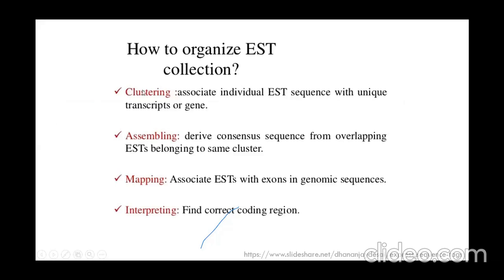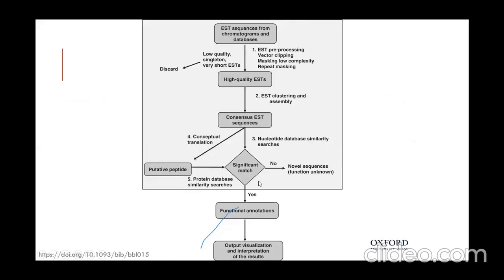Coming to genomics, how do you collect and organize ESTs using the genomic databases? You go with specific techniques called clustering of the ESTs, assembly of the ESTs, and mapping them, similar to the assembly, double checking the sequencing reactions, and interpreting based on the database. The flow chart looks like this.